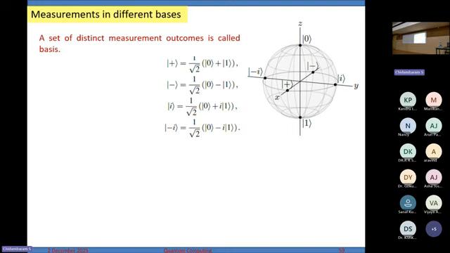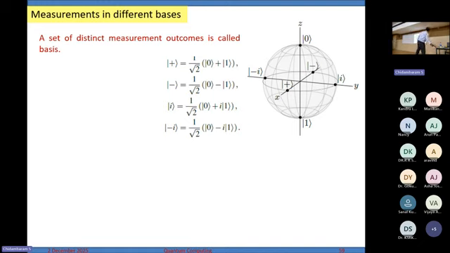And I have the Y basis, in which I have 1 by root 2 ket 0 plus i ket 1, and minus i, which is the other side of the Y basis, 1 by root 2 ket 0 minus i ket 1. What are this plus i and minus i? It is the phase. This is called a phase shift.